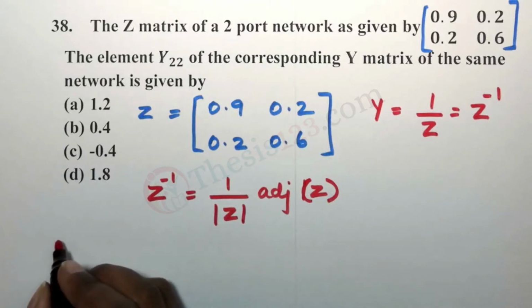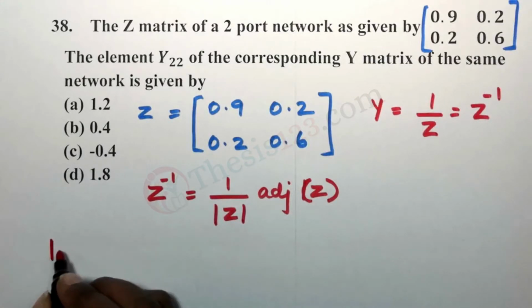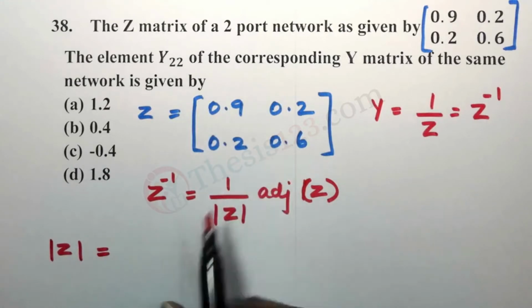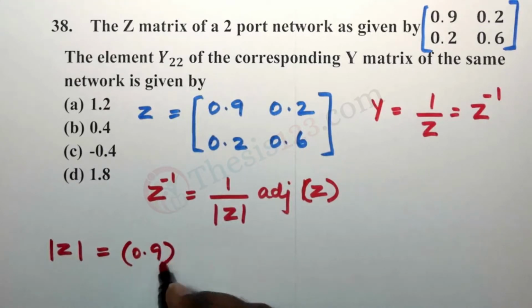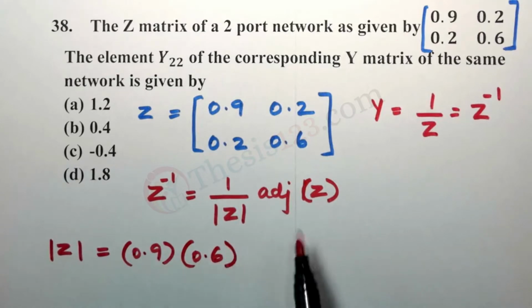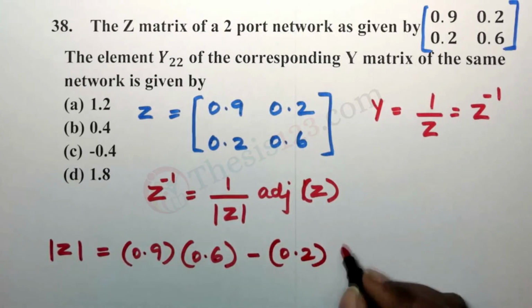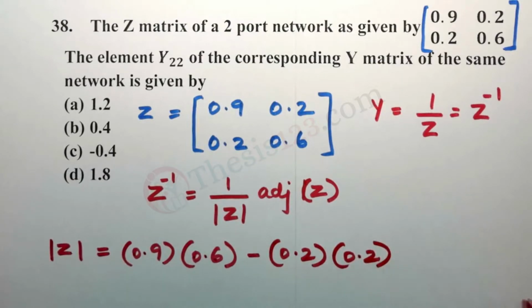Now det Z is equal to 0.9 times 0.6 minus 0.2 into 0.2. So solving this, we get a value of 0.5. So we now have that det Z is 0.5.